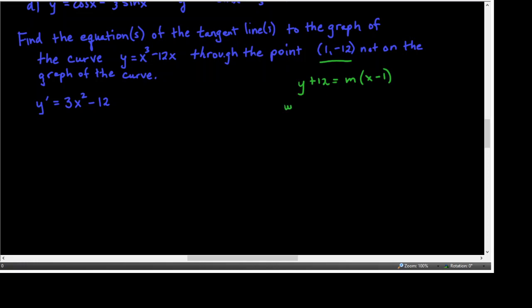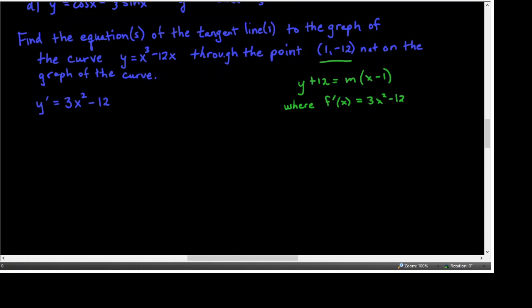So what we're going to use for that m is, of course, that m is calculated by using the derivative that we just found. That's how we'll find that slope, because it's tangent to the curve. So that has to be true about it.